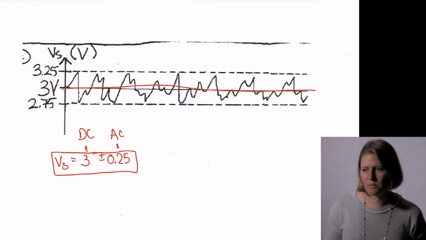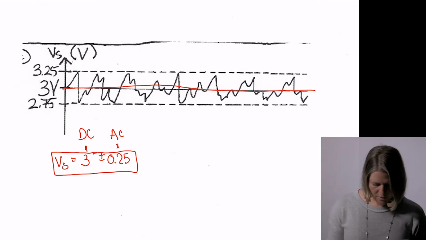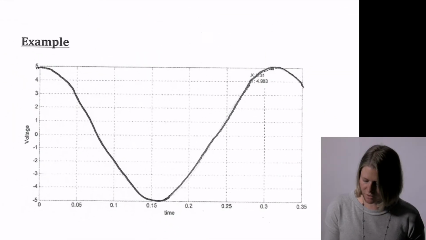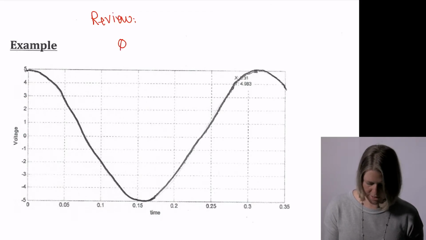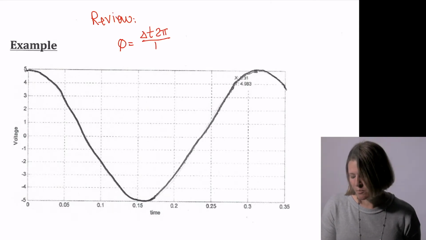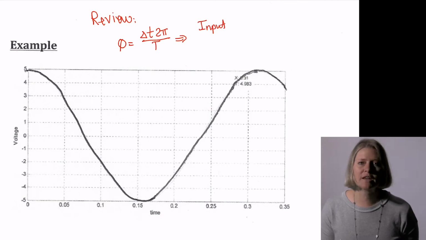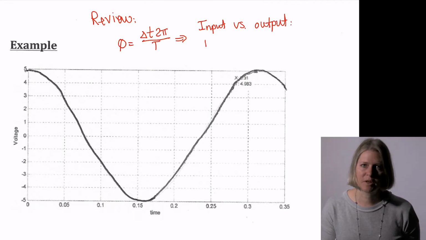One other thing to remember from writing signals is when we have a phase shift. A phase shift, the equation was delta t times 2 pi over the time period T. In comparison to our input signal, comparing it to an output signal, to write the output signal, we want to compare it to that input signal.